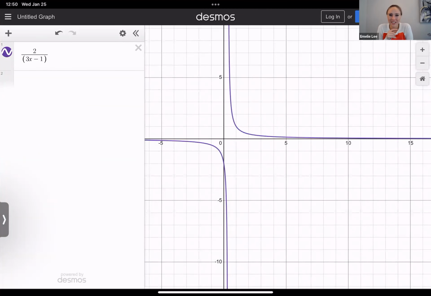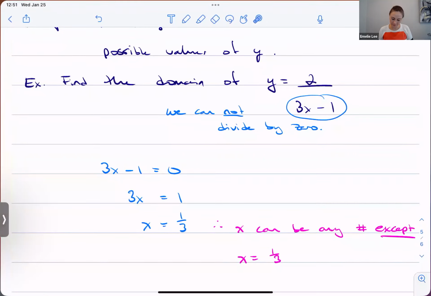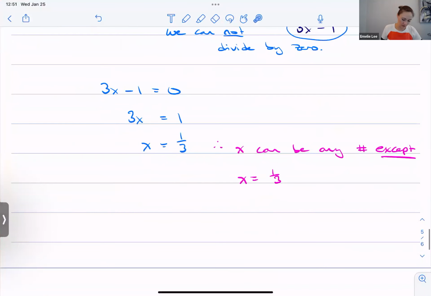So here, right, I get this asymptote, right, because x can't be 1 over 3, so things happen here, and I'm not going to worry about the range, right? But for us, it's important to keep in mind always, whenever we're trying to do illegal math, this is what happens, right? We've got these asymptotes.